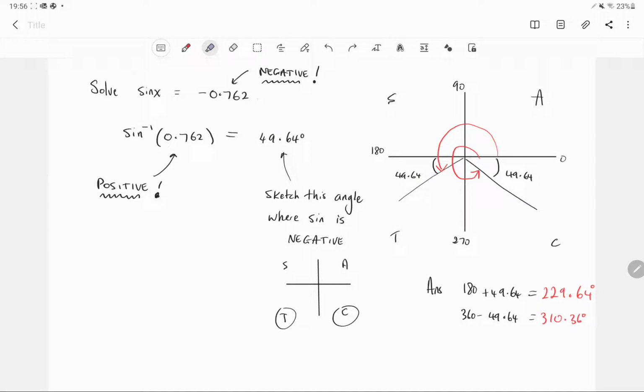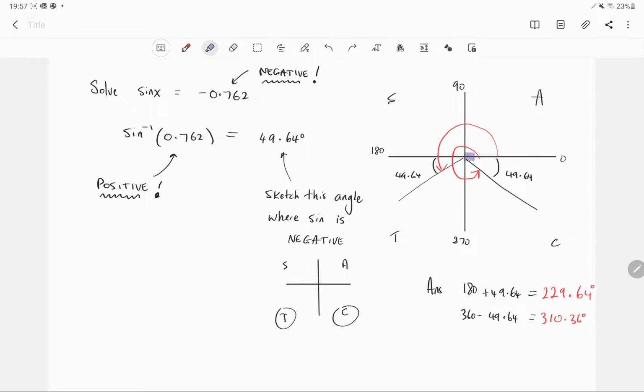So once again, we start from 0, and we measure the angle all the way around to where we have drawn the first angle. It has gone past 90, past 180, and then we're adding 49.64 onto 180, which is why I've done this down here, and we get our first angle to be 229.64.